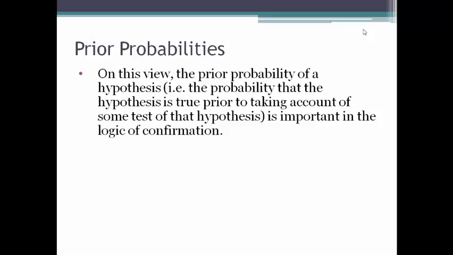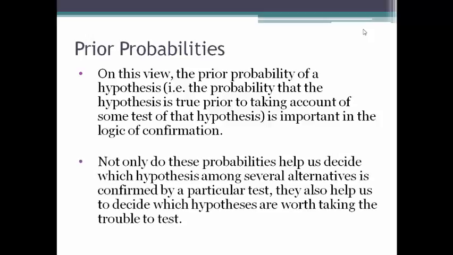On this view, the prior probability of a hypothesis, the probability that the hypothesis is true prior to taking account of some test of that hypothesis, is important in the logic of confirmation. Not only do these probabilities help us decide which hypothesis among several alternatives is confirmed by a particular test, they also help us to decide which hypotheses are worth taking the trouble to test.